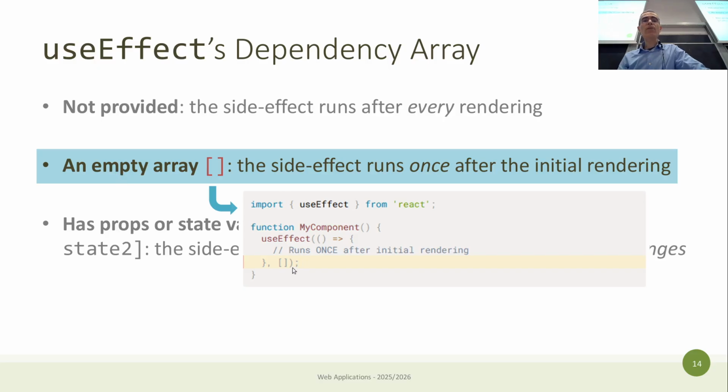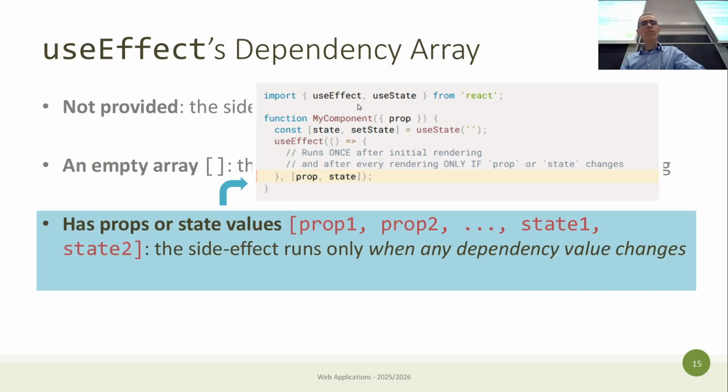Empty array is very, very useful. useEffect, open the bracket, which is closed here, with a function in which you write the code you want to execute once after the initial rendering, so at mount time. And third case: useEffect, again, with a list of props and state.